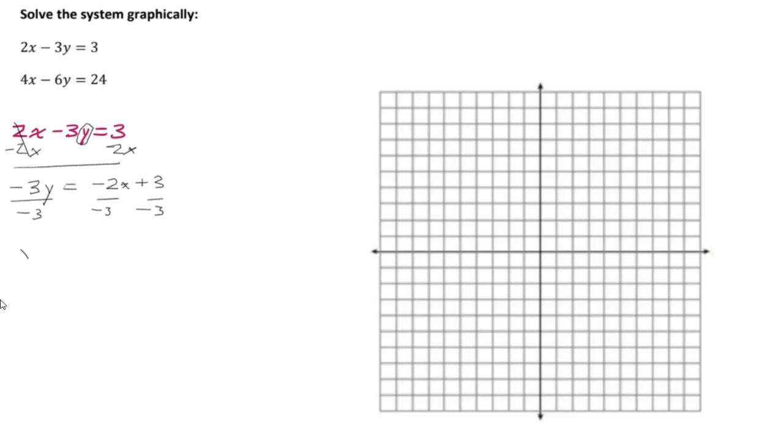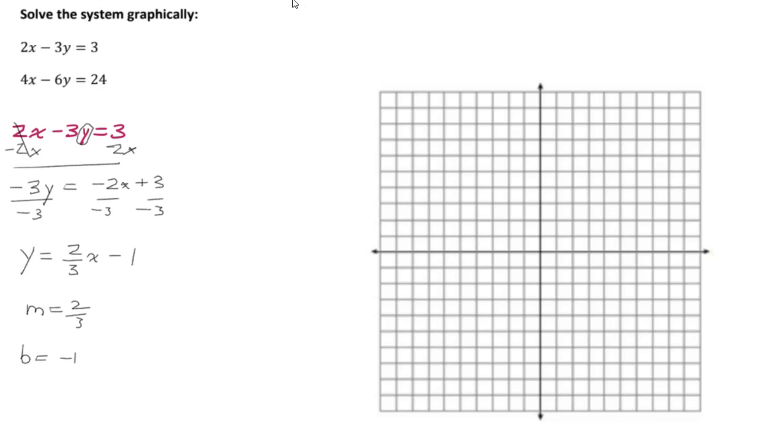A little bit of dividing to do on my calculator. Negative 2 divided by negative 3. If I put this into my alpha y equals, I'm going to end up with the fraction 2/3. So a negative 2 divided by a negative makes a positive 2/3. And then a positive 3 divided by a negative 3 is going to get me negative 1. So my slope is 2/3. My y-intercept is going to be negative 1.